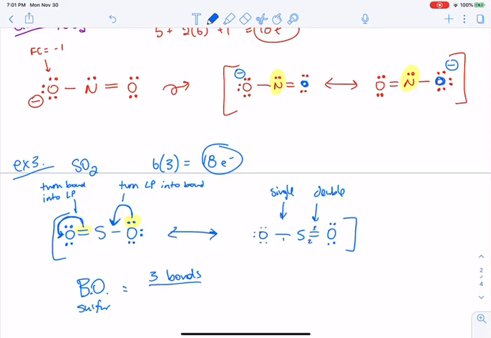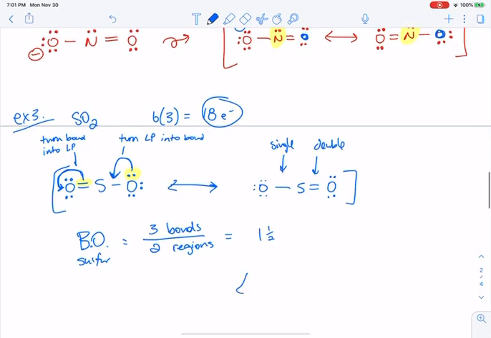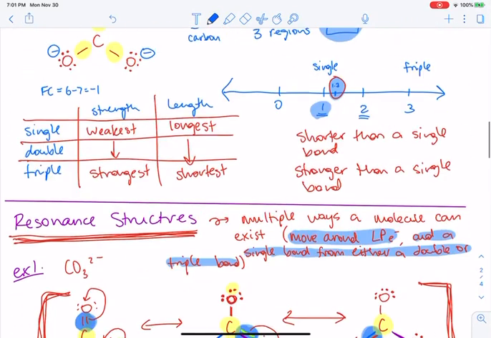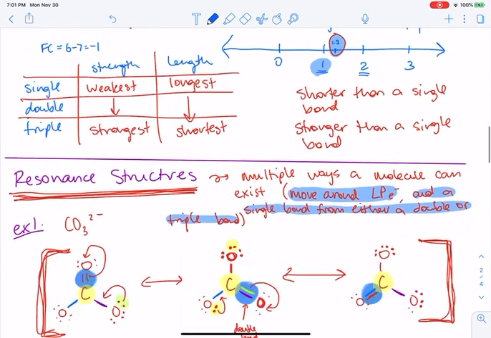But how many regions do I have? I only have 2 regions. So 2 goes into 3 one time with 1 left over. So this is 1.5. So we think about that number line, we've got 1, 2, 1.5 is exactly in the middle. Remember that 1 1/3 was not in the middle.